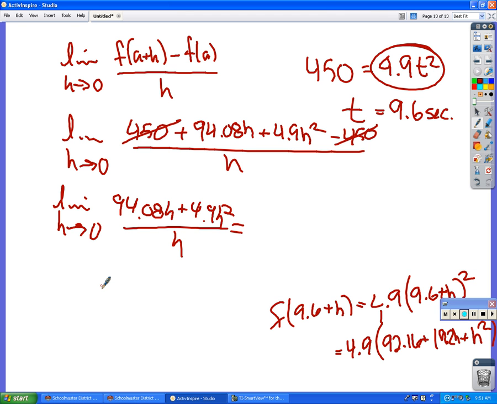Take an h out of everything. There's an h here, there's an h here, and there are 2 of them there. So that leaves me 94.08 plus 4.9 h. And to figure out the limit as h approaches 0, I plug in 0 and get a final answer of 94.08 meters per second. Okay?